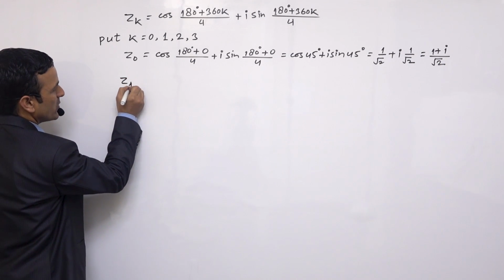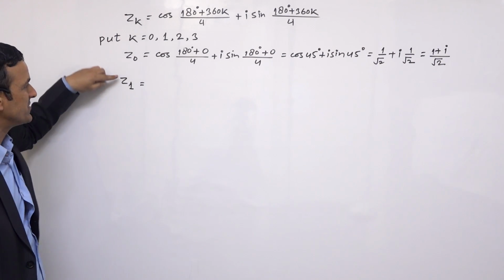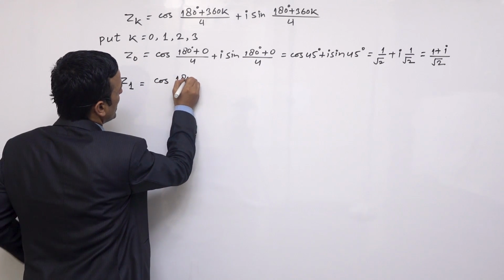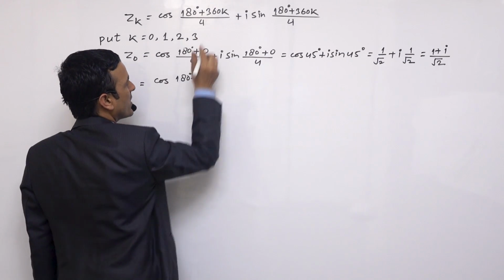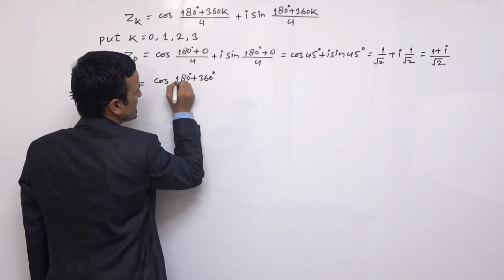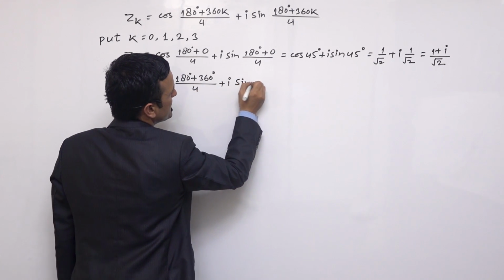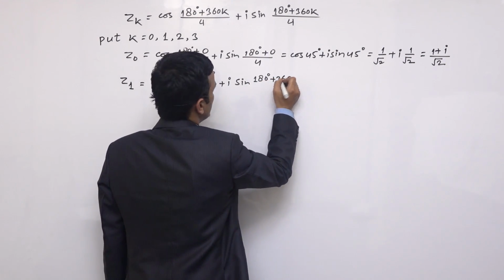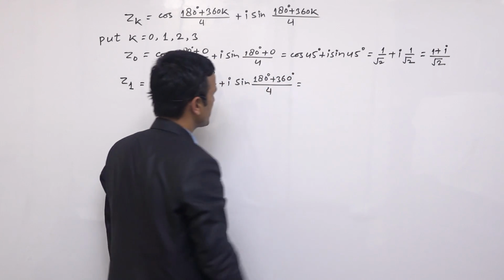Similarly, if we put the value of k as 1, then this term will be z1. So in the place of k, if you put the value of 1, then it will be cos (180 + 360 × 1) divided by 4 plus i sin (180 + 360 × 1) divided by 4.